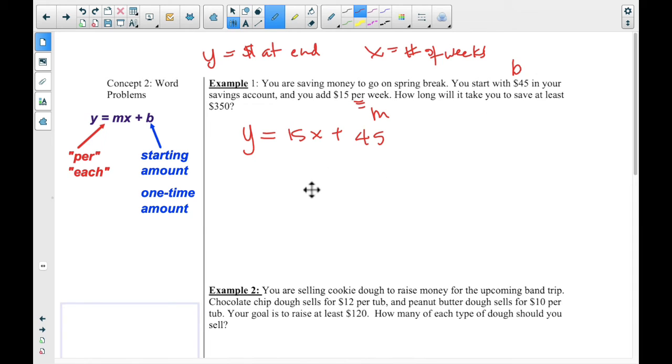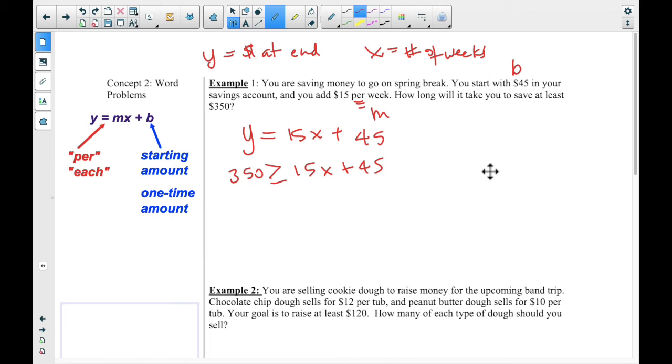But if we add $15 per week and we start with $45, we want to know how long it will take to save at least $350. So that means that we want our y, our ending amount, to be more than 15x plus 45. Or you could even say greater than or equal to. I think that's a better one. Greater than or equal to. And I just realized that we want to save at least 350. So let's change that. I'm going to leave that first one with a y in it, but I'm going to change the second one to the 350.